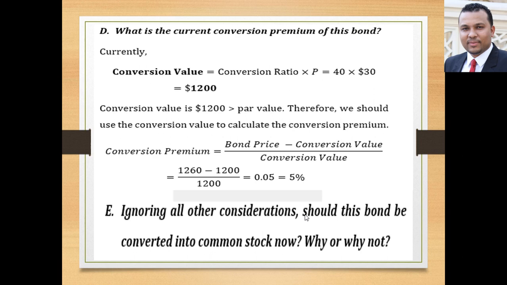If the underlying common stock is trading below the conversion price, the convertible bond trades like a regular bond. If the underlying common stock is trading above the conversion price, the bond may be converted to common stocks. In all cases, we compare whether the common stock is trading above or below the conversion price.